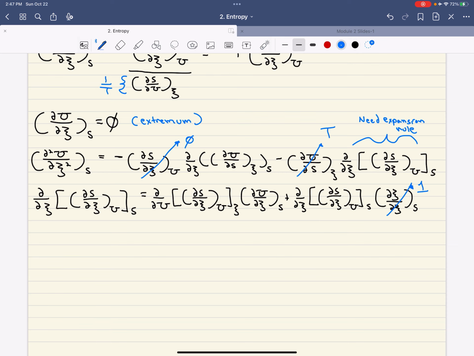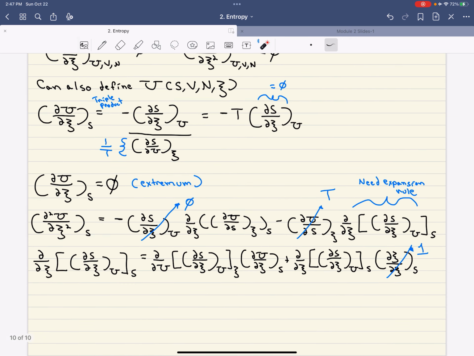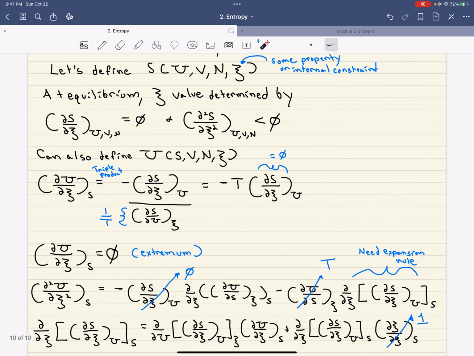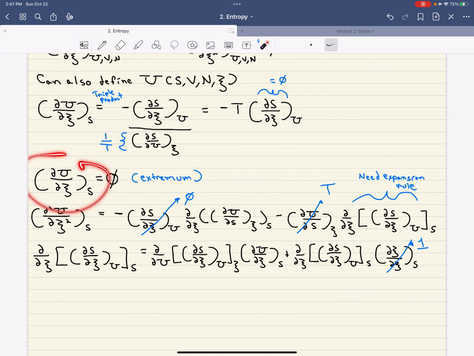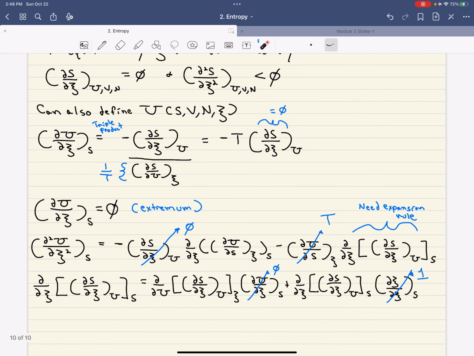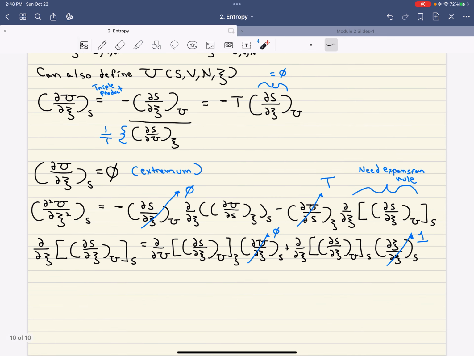That's fairly straightforward. And we know that this one, based on the relationship up here, is 0. So that first term goes away, and what we're left with is essentially the second derivative of this function.